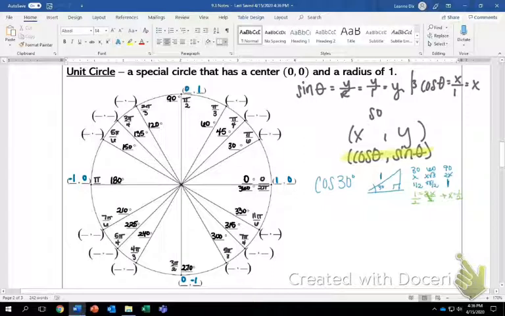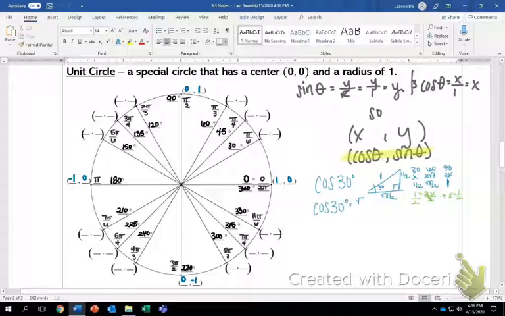All right, so now I'm going to put those pieces on my triangle because I'm trying to visualize what's going on. So across from the 30 is 1/2, across from the 60 is going to be the square root of 3 over 2. So again, remember, cosine of 30 is the same thing as adjacent over hypotenuse, or x over r.